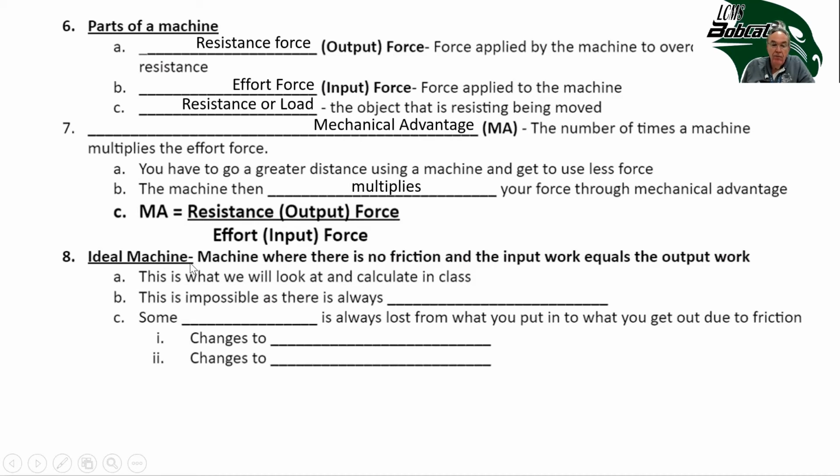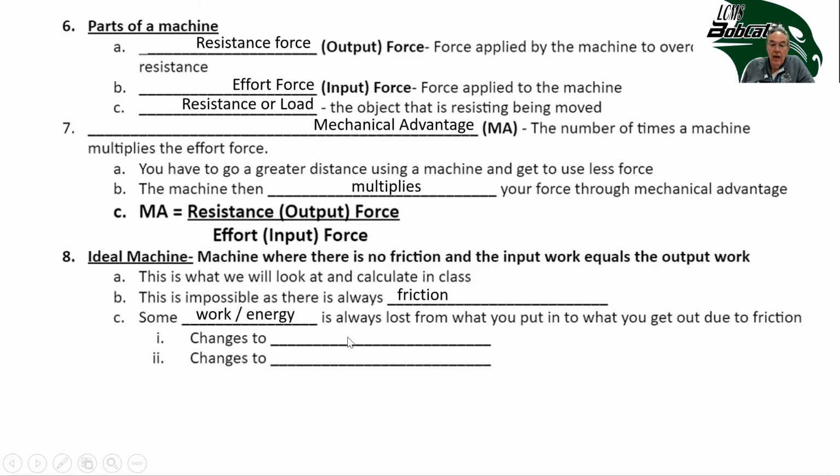Okay, now that ramp with no friction is what we call an ideal machine. It's a machine where there's no friction and the input work equals the output work. Okay, and this is what we'll usually calculate in class. It's impossible because there's always friction in any actual machine we build.